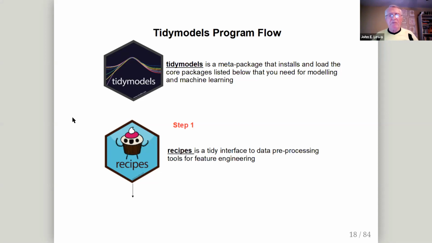So the first step that we do, and you can think of these steps also as procedures or methodology in regards to coming from the start to the finish of a machine learning problem. So the first package to introduce is the recipes package. And this is an interface for data pre-processing or feature engineering.